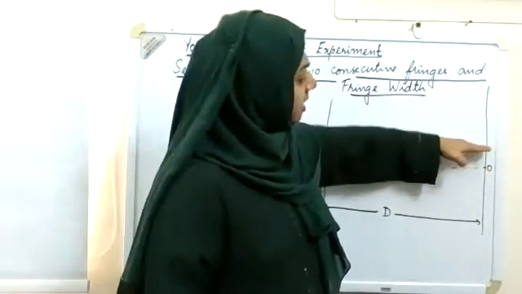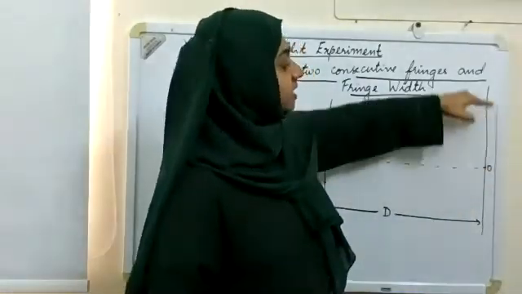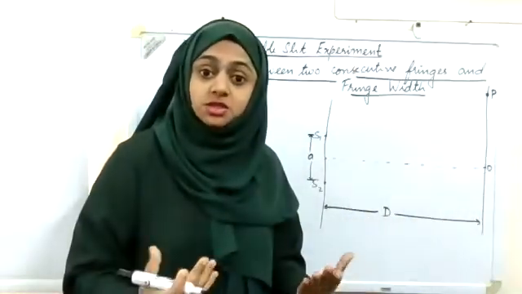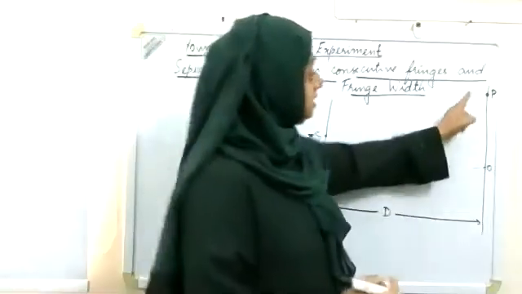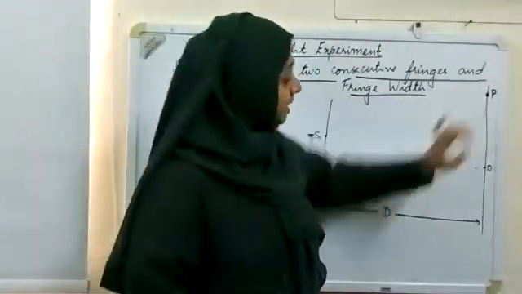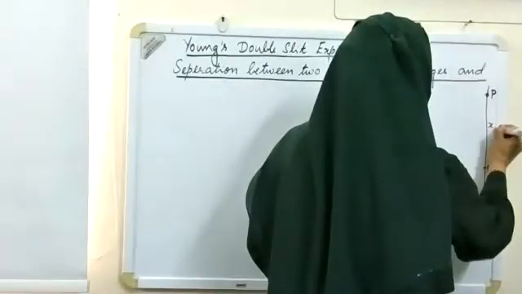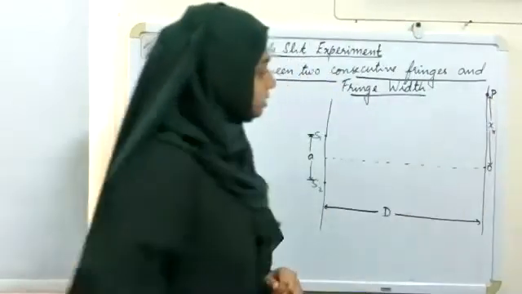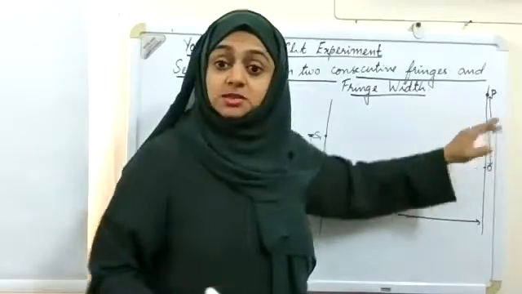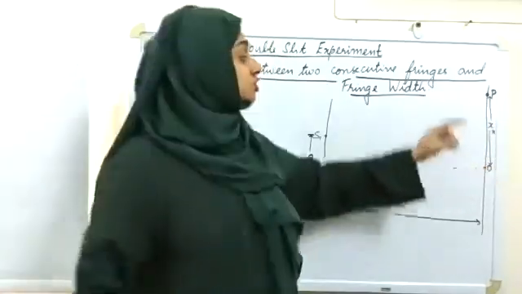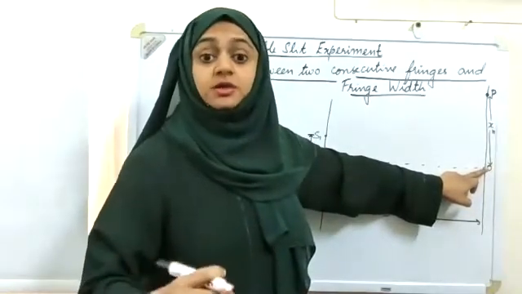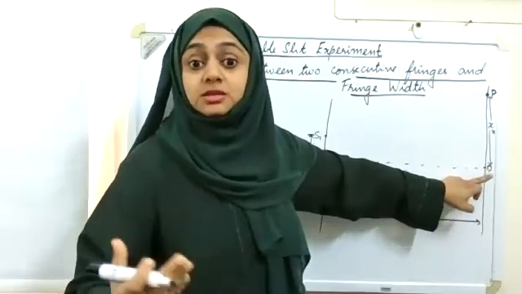Now we will get dark and bright fringes like that on the screen. Let us suppose at any point P we have a maximum intensity, or constructive interference. Let the point P be at a distance xn from O. So xn means we get the nth bright fringe at the point P. Here we get the central maxima, or the zeroth bright fringe, when n is equal to 0.